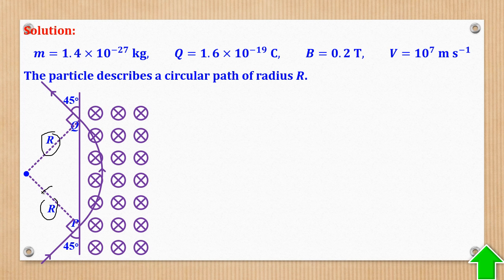When that happens, it means that this is an isosceles triangle. And for an isosceles triangle, when this is 90, this is also 90. When this is 45, this is also 45, like that.